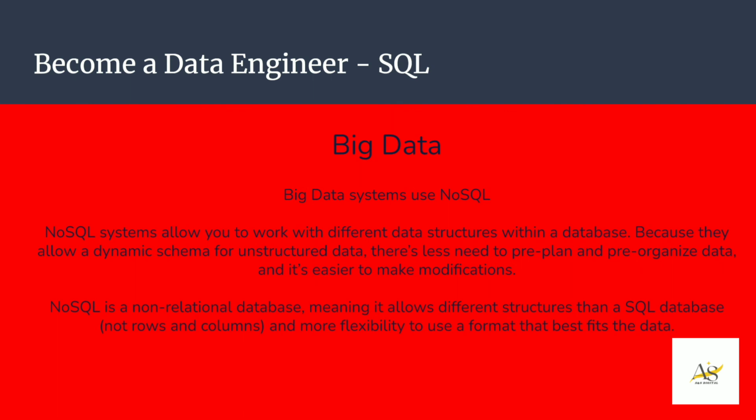So all those tables and columns that we discussed suddenly are not important anymore when we start talking about NoSQL. It's a non-relational database. Unlike SQL systems, which generally use relational databases, NoSQL is non-relational. So you can have different structures, not rows and columns like we talked about. So more flexibility.